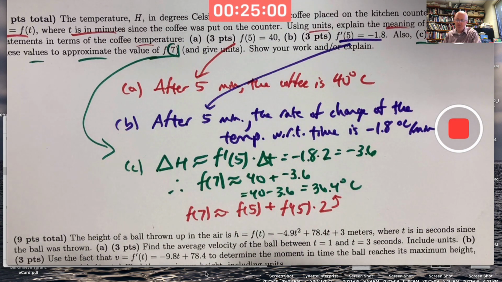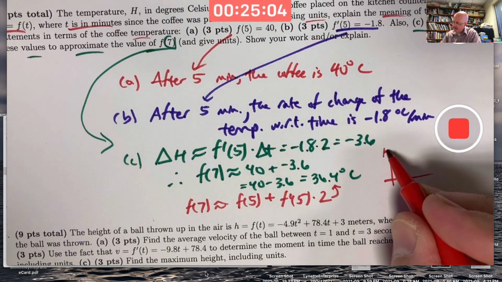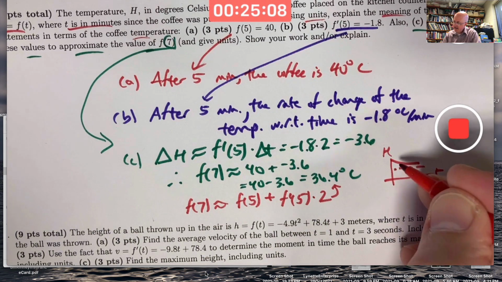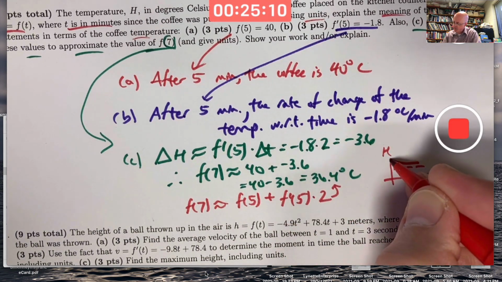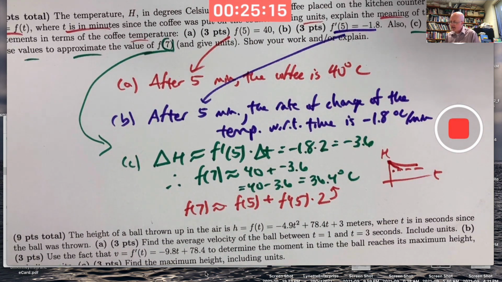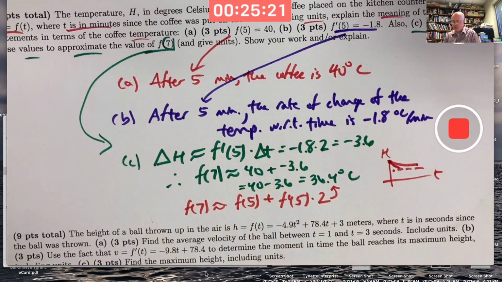Is it going to be too low of an approximation or too big? The actual graph of H versus t is going to be decreasing and concave up toward the room temperature. And this is a linear approximation using a tangent line that's going to be below the actual graph of temperature as a function of time, and therefore this estimate will be too small because the actual graph will be above the tangent line.